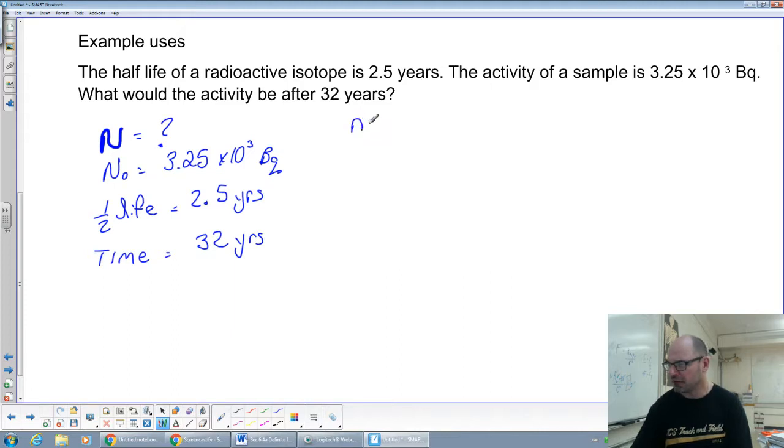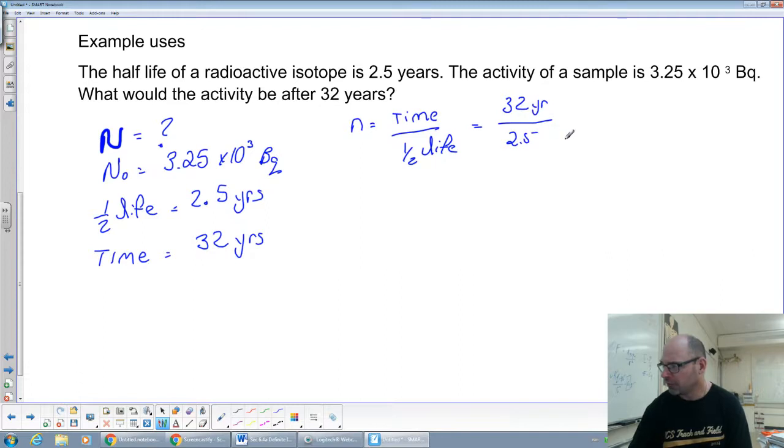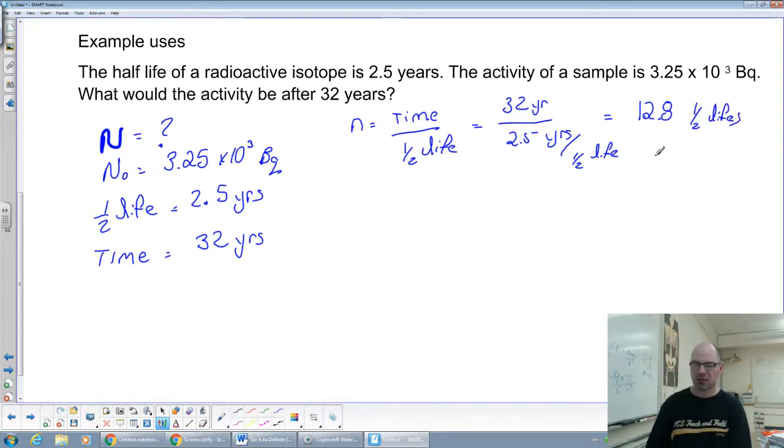So n, our first little bit, n is time over half-life. So this is going to be 32 years of time divided by 2.5 years per half-life. So this is going to give us 12.8 half-lives. Then we can just apply the formula straight up with this one here.